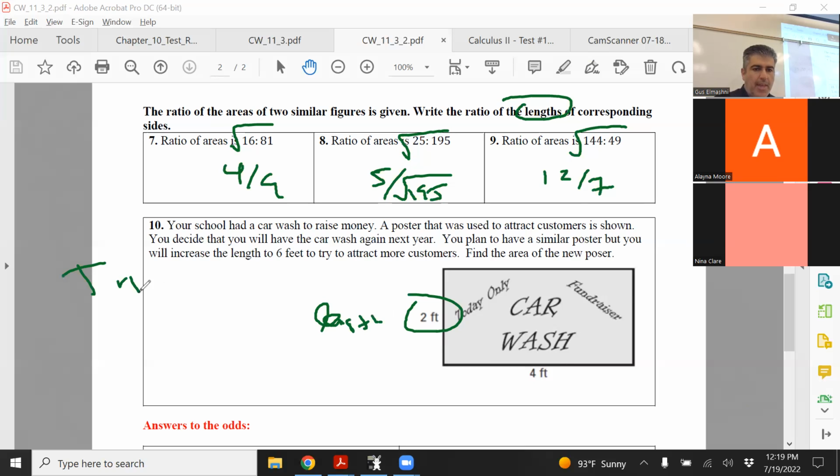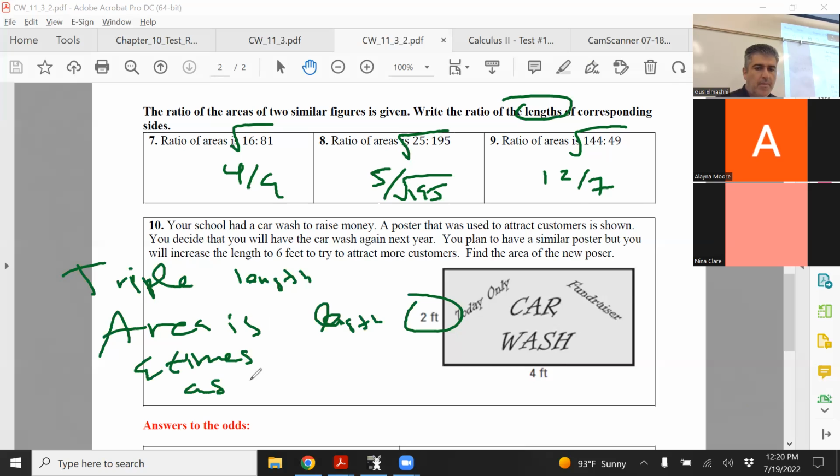So if you triple the length, area is 9 times as much. So if the area is 8, multiplied by 9, you get 72. I'm assuming 2 is the length. They didn't really tell us.